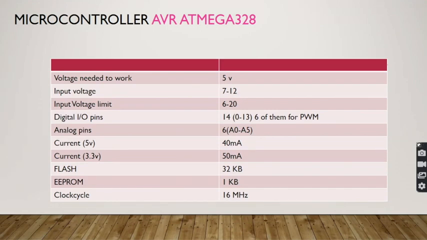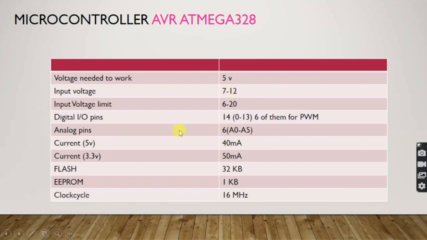The microcontroller is the AVR ATmega328. This is its specification. The voltage needed to work is 5 volt. Some boards need 3.3 volt, but Arduino only works with 5 volt. The input voltage is from 7 to 12, but you can provide it with 6 to 20, but this is our recommended voltage.